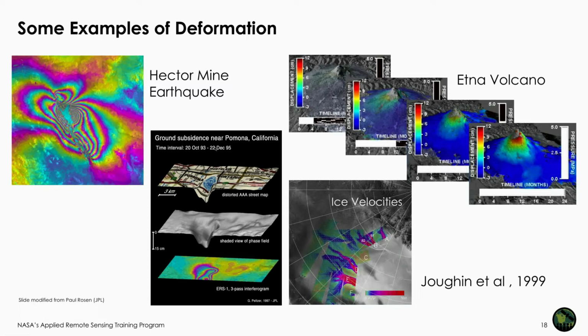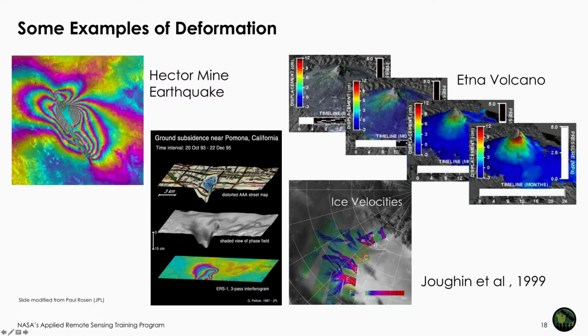In the middle here, we have an example that was done by one of my colleagues, Jill Peltzer at JPL. He used ERS C-band radar to measure subsidence in the area of Pomona, east of Los Angeles. Due to withdrawal of groundwater, the ground surface is going downward over the course of a 2-year time interval by about 15 centimeters in the area of highest subsidence.